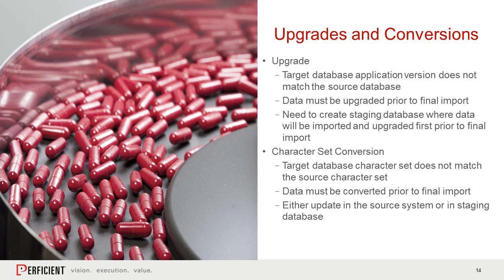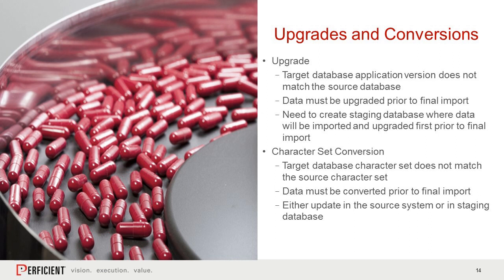Character set conversion. Again, you would create a staging database and import the data into that staging database, run the vendor-provided, well, typically it depends on the application. For example, in Oracle Clinical, the vendor Oracle provides a character set conversion utility specifically for Oracle database, and you can use that to move on to the new character set.